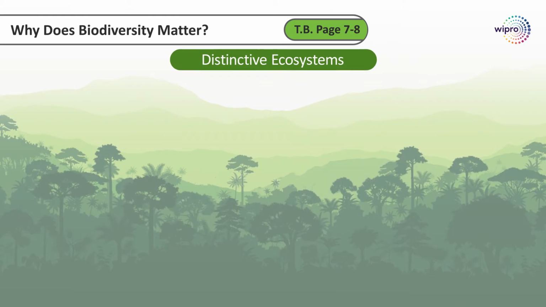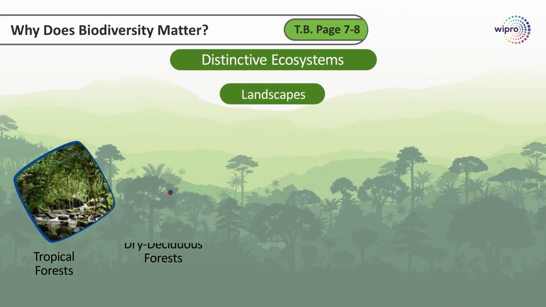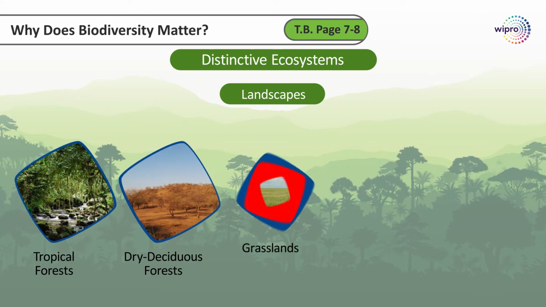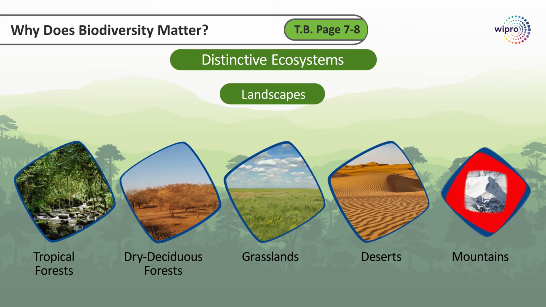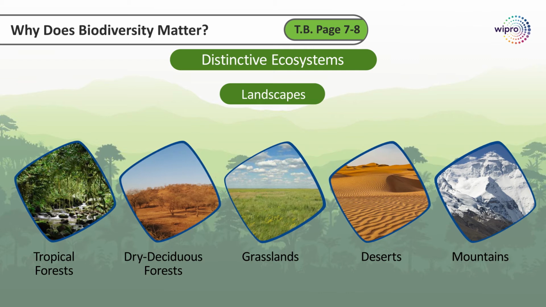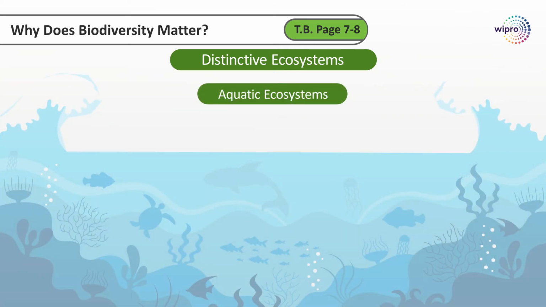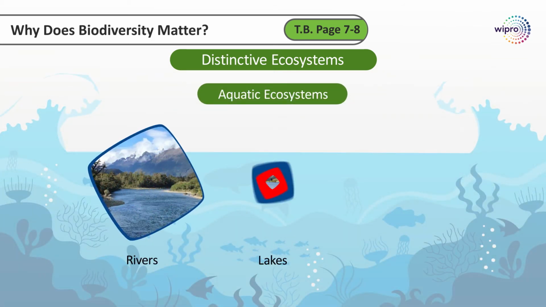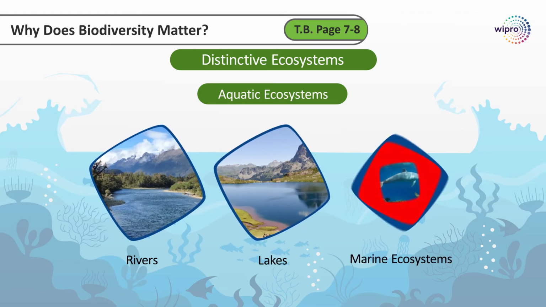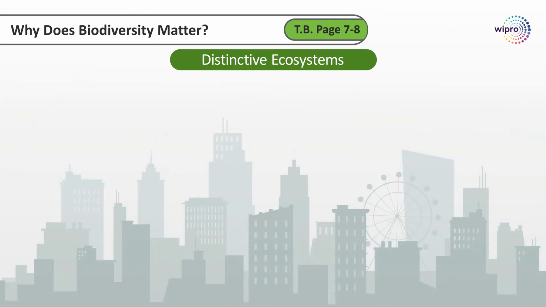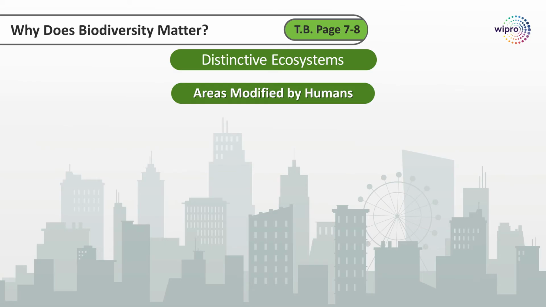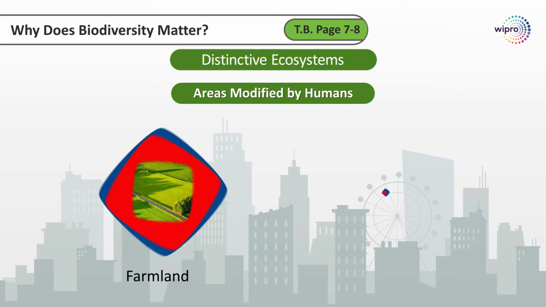Distinctive ecosystems are made up of landscapes such as tropical forests, dry deciduous forests, grasslands, deserts, mountains, etc., as well as aquatic ecosystems such as rivers, lakes, and a number of marine ecosystems. They also include areas that have been modified by humans, like farmland and cities.